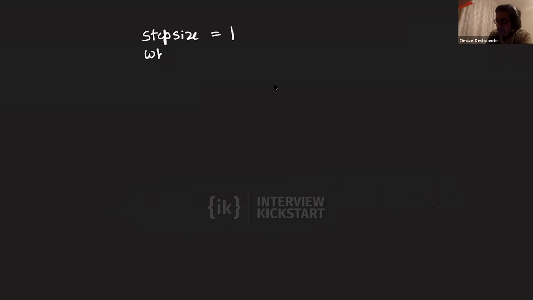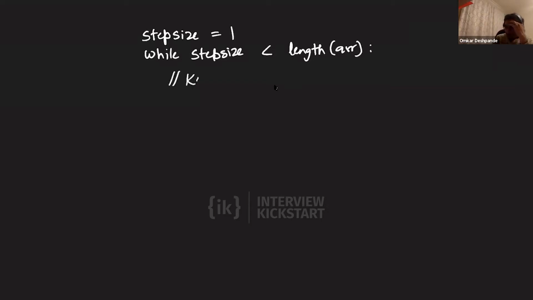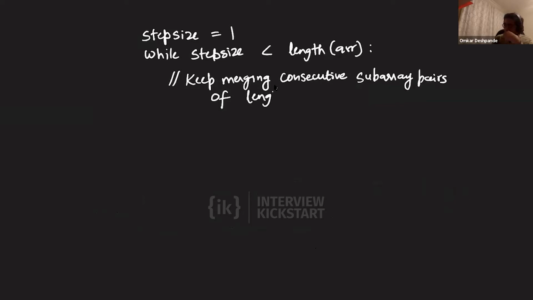So while the step size is smaller than the length of the overall array, what we will need to do is keep merging consecutive subarray pairs of length equal to step size, whatever that current step size is.